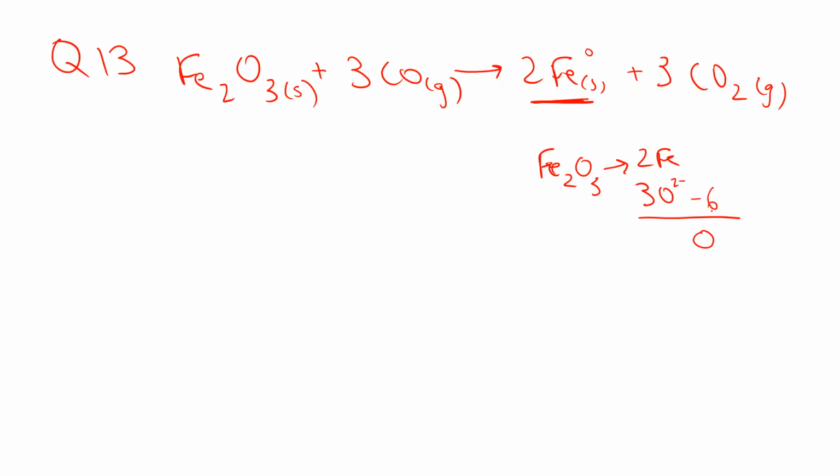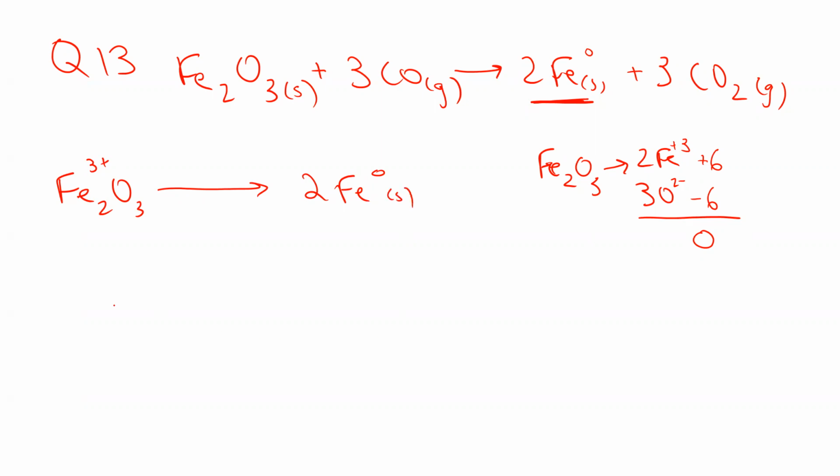So the total charge from oxygen is -6, which means I need a +6 charge from the iron. Split that over 2 irons, so each iron is 3+. So that's one reaction that's taking place: iron 3+ is reacting to go to iron 0.